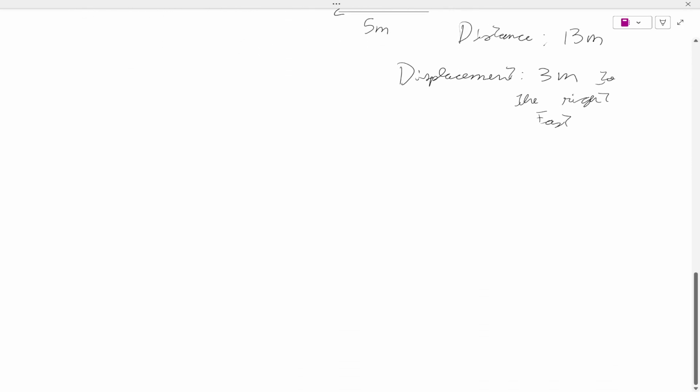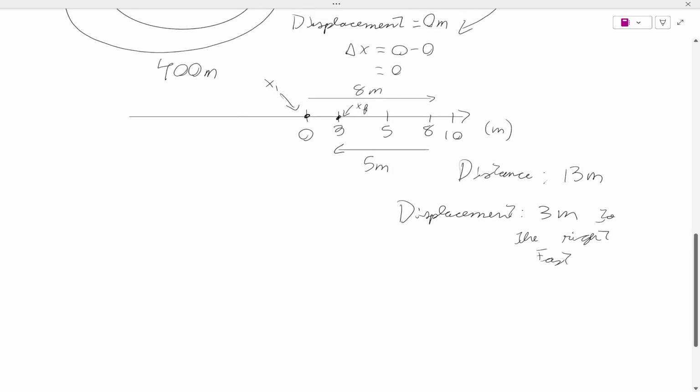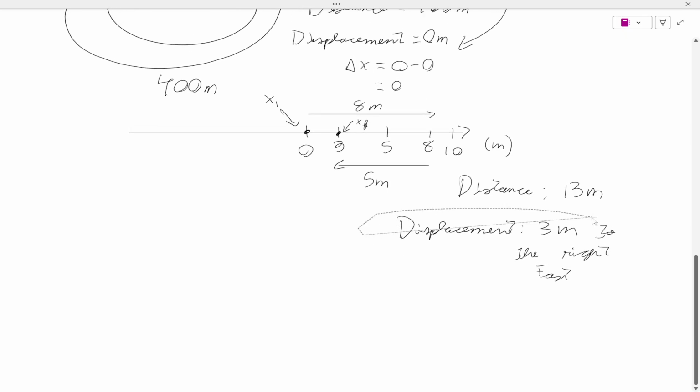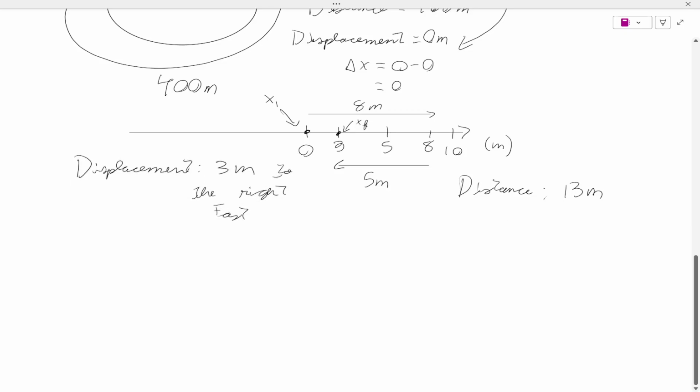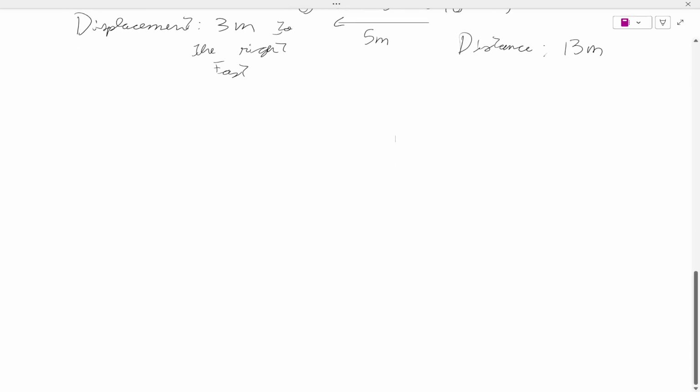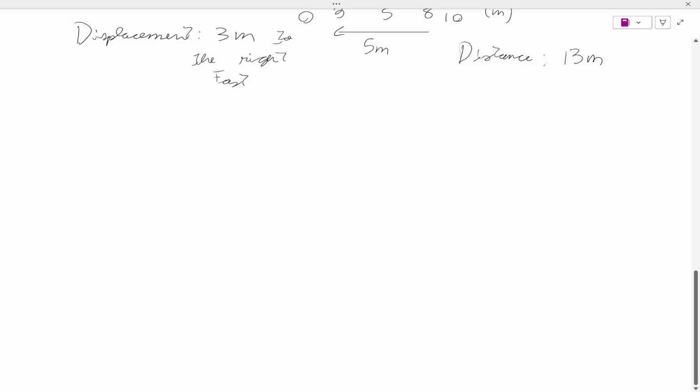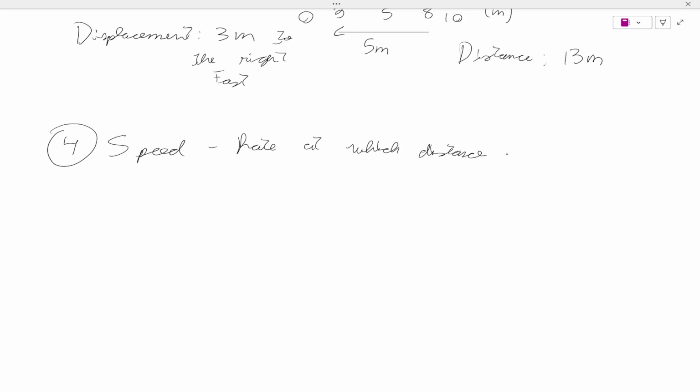Okay, let's move on to speed and velocity. Similar to distance and displacement, these are both scalar and vectors. So number 4, speed. This is the rate at which distance was traveled.